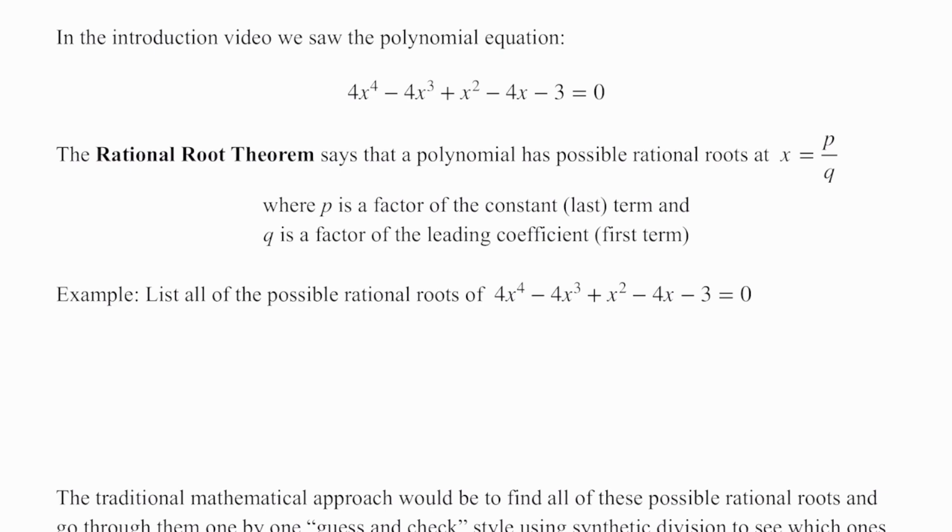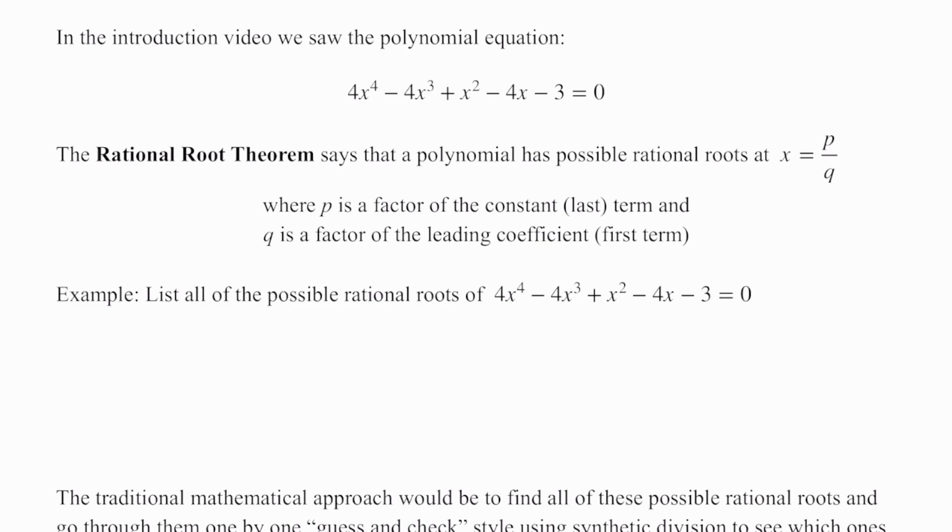It introduces these two letters, P and Q, and there's no real rhyme or reason as to why we use P or Q. They are just easily distinguishable from each other, and you won't mistake them often for other letters. P are all the factors of the constant or the last term of my polynomial equation, which in this case would be the -3.